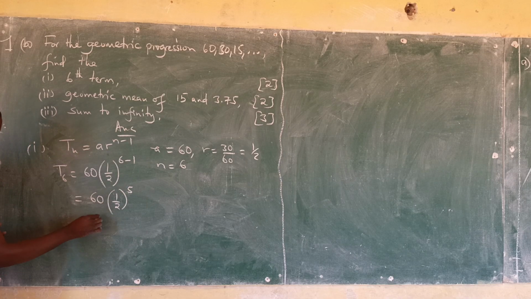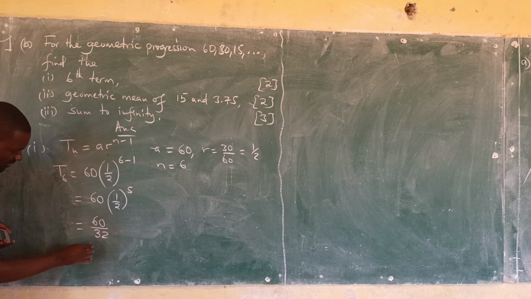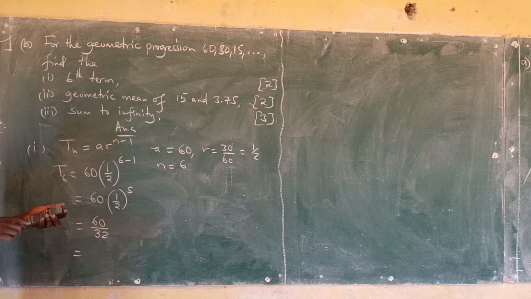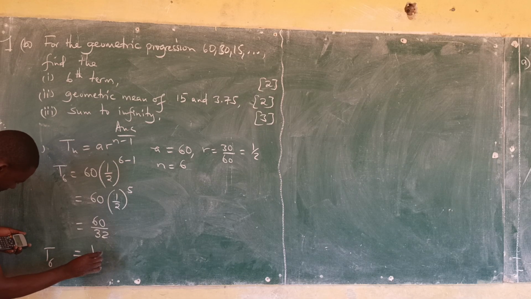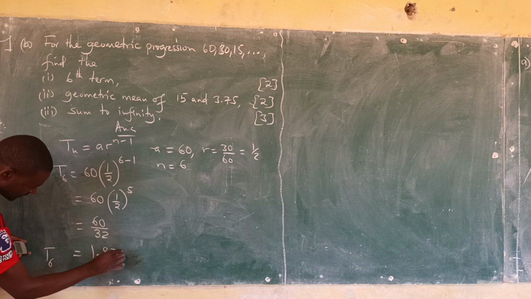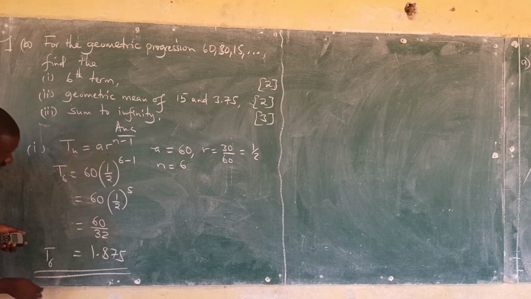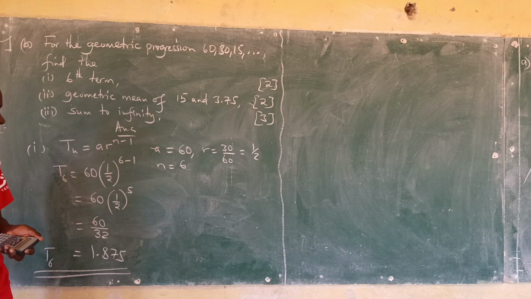Then 1 to the power 5 is still 1, times 60, it will give us 60. And then 2 to the power 5 will give us 32. And so if we divide 60 by 32, it's simply giving us T6 as 1.875. So since the answer is coming out exact, we can just leave it at that.